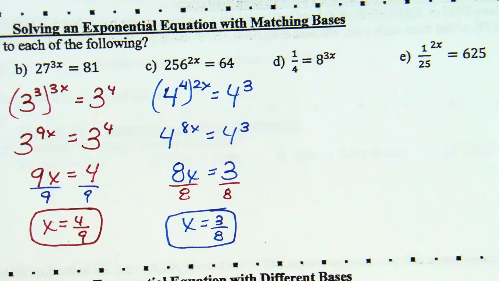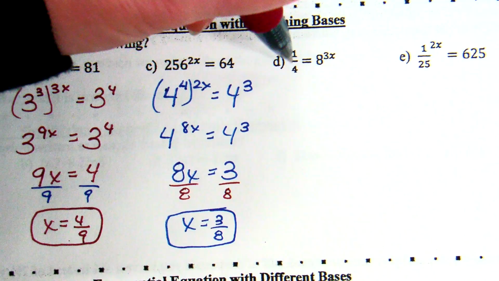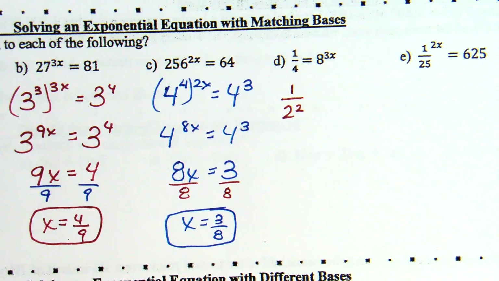Okay, so we have 1/4 equals 8 to the 3x. The numbers to focus on are the 4 and 8. And 4 and 8 can be made the same by using a base 2, yes? Now, for the beginning, if I say 1 over 4, that's going to be 1 over 2 to the 2nd, yes?